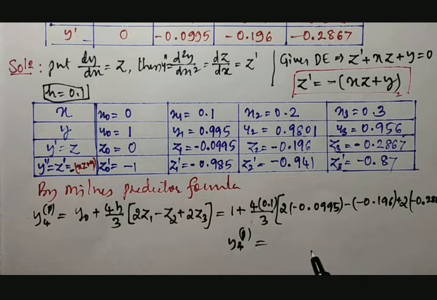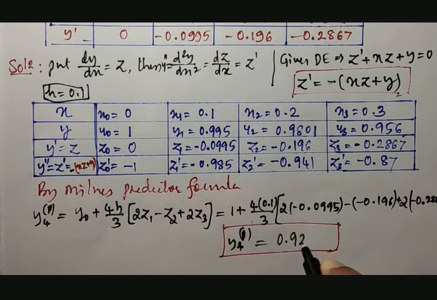Therefore, if you calculate this result, we will be getting the prediction to y4, which is 0.9231.